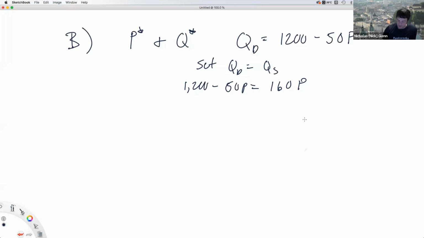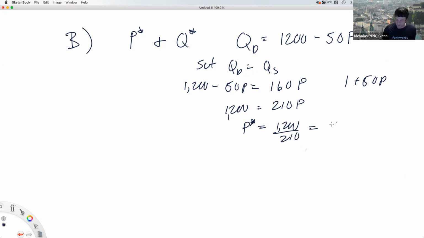So now all we need to do is add 50p to both sides. This will give us 1200 equals 210p. And then to get the price, we just take 1200 and divide it by 210. What will this give us? This will give us a price of $5.71. So this is the equilibrium price of these bubble teas.